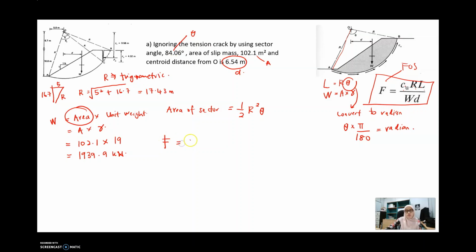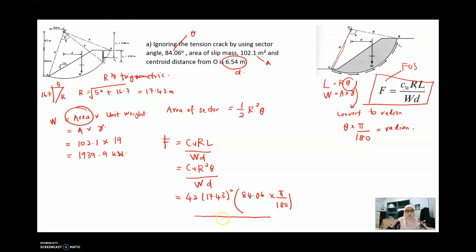So F is equal to Cu R L divided by W D, or Cu R square theta divided by W D. Cu is 42 from the equations, and then your R is equal to 17.43 to the power of 2, and remember your theta should be converted to radian, pi divided by 180, divided by W, which is 1900, times D, which is 6.54. So your value should be 1.48.